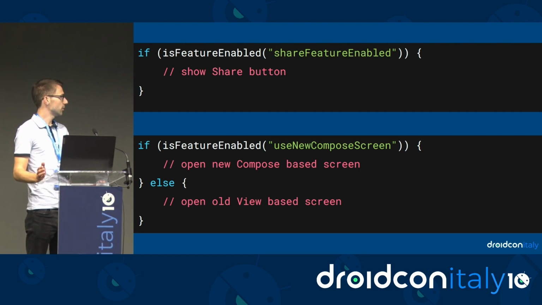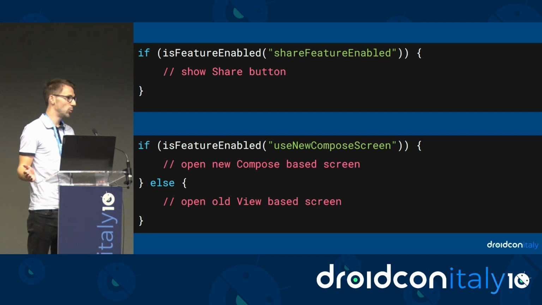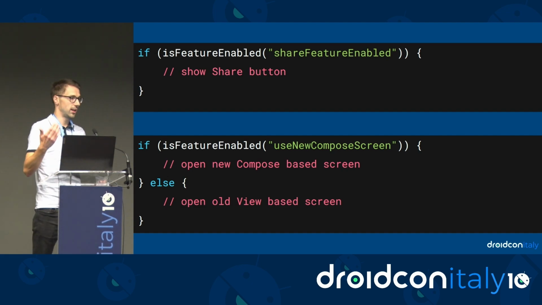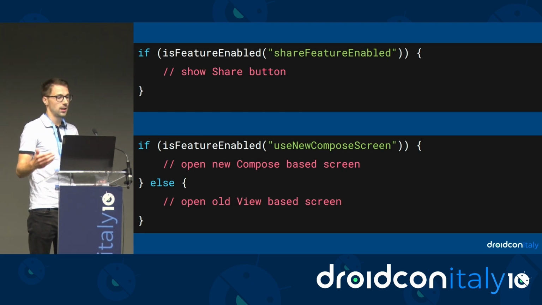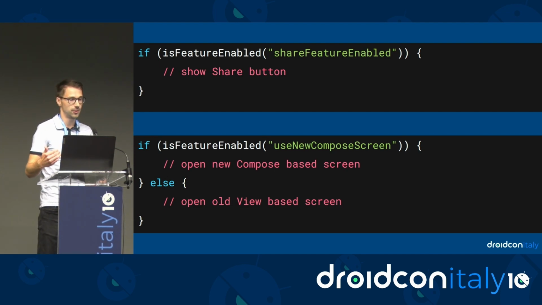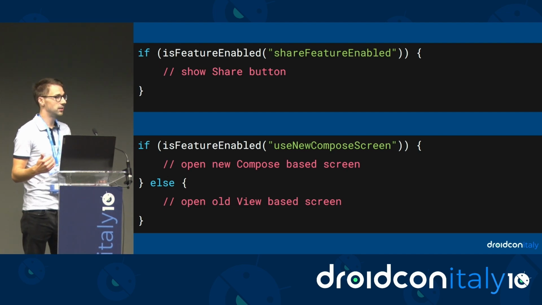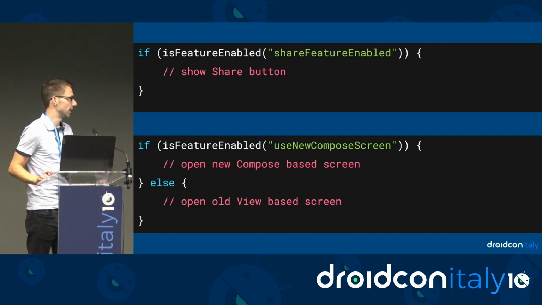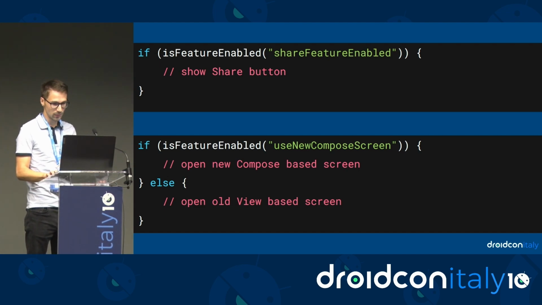So a logical thing to do is to put the new migrated screen behind the feature flag, and that way you can release it to users. But then if you find that some error was introduced or the app is crashing because you missed something, you can simply disable the feature flag and the users get the old view-based screen, and then that gives you some time to fix it.